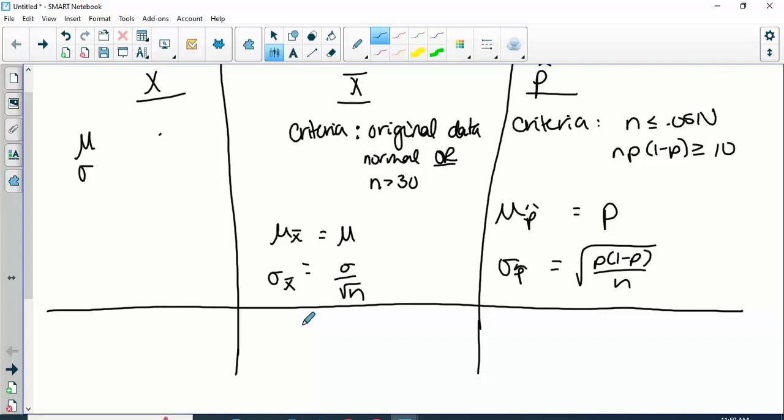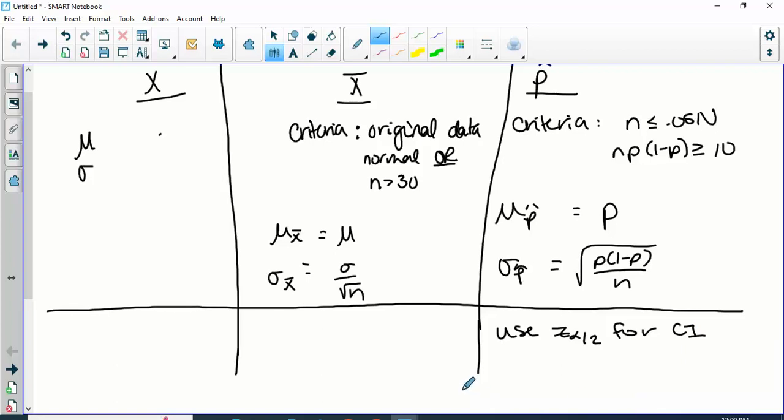If you forget which is which, you can always go back on your formula sheet and it tells you. The first bullet, if you're building a confidence interval around p-hat, you're using the z values. So this one uses z alpha over 2 for the confidence interval.